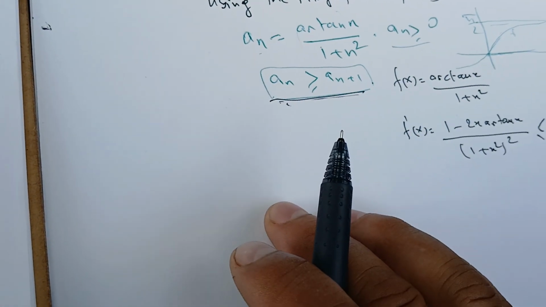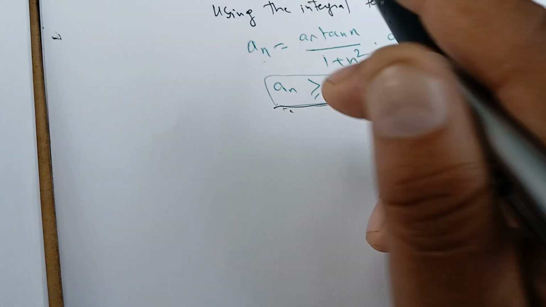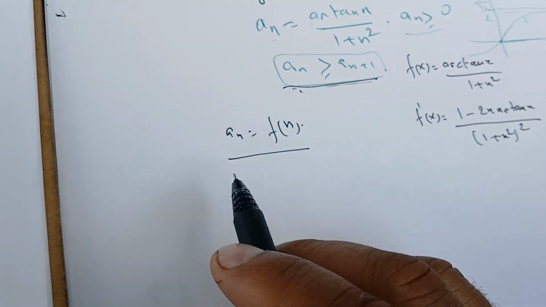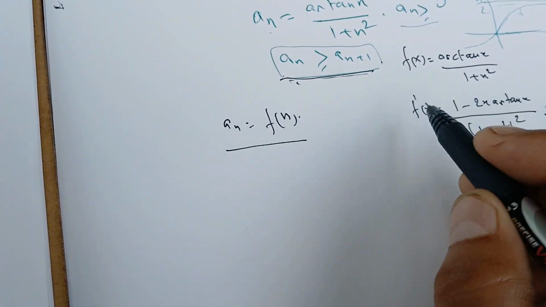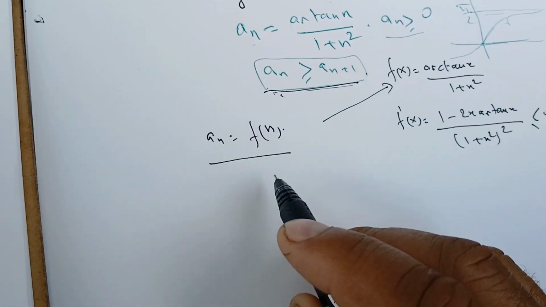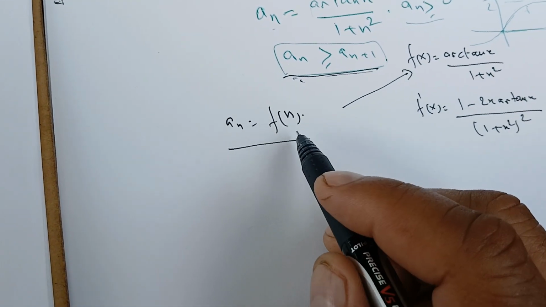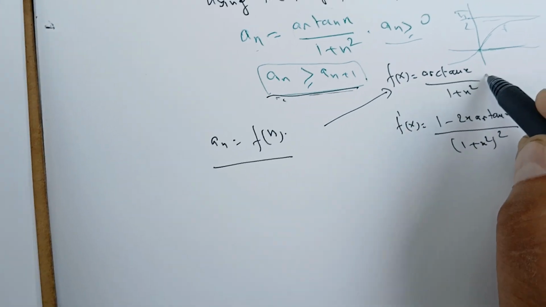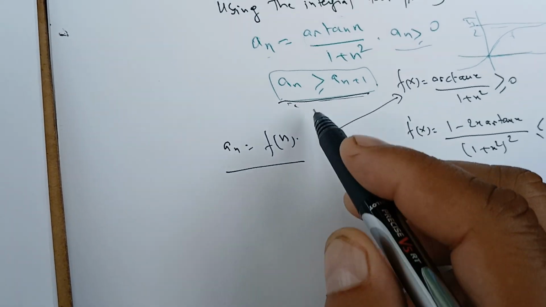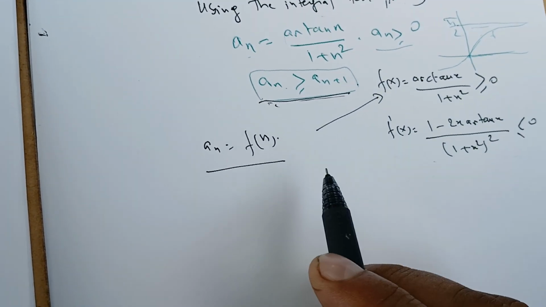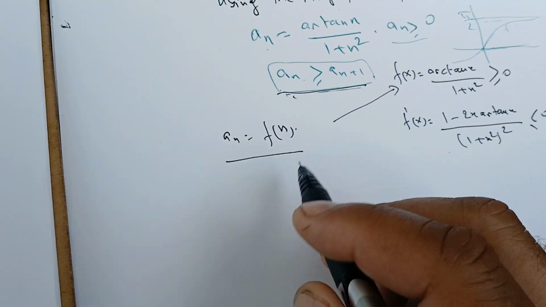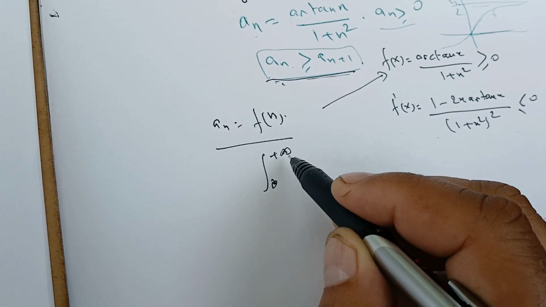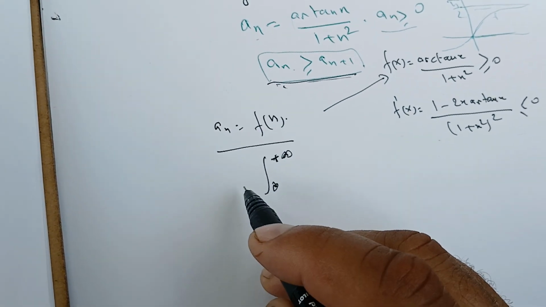The next thing that we need to see is that if we let a_n be f(n), with f the function that we set equal to this one, we need to check our conditions for the integral test. So f is positive, decreasing, and continuous on this interval, 0 to plus infinity, or 1 to plus infinity.